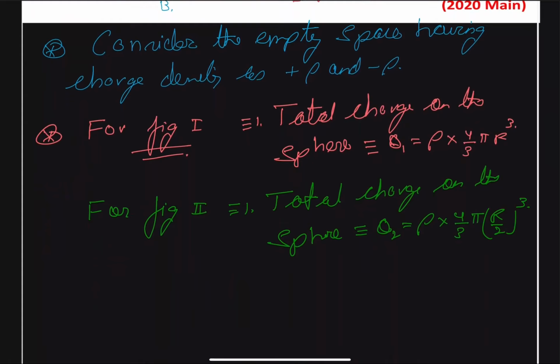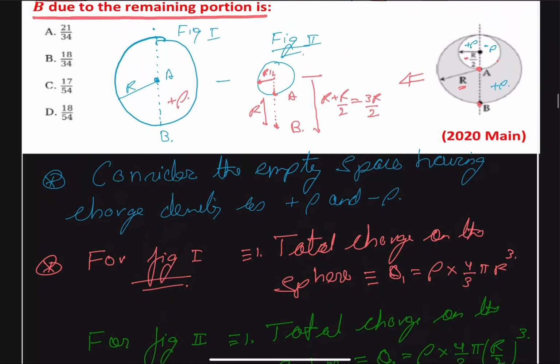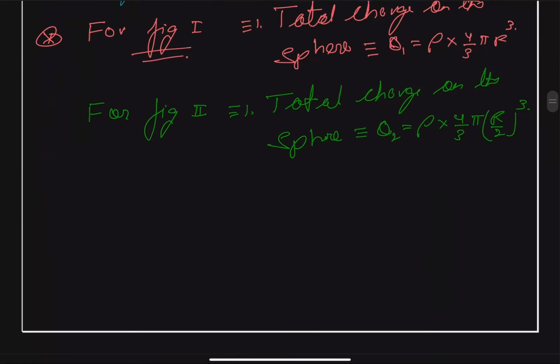So, net electric field at point A. In the first case, point A is at the center of the sphere, and in the second case, figure 2, it is at a distance r by 2.